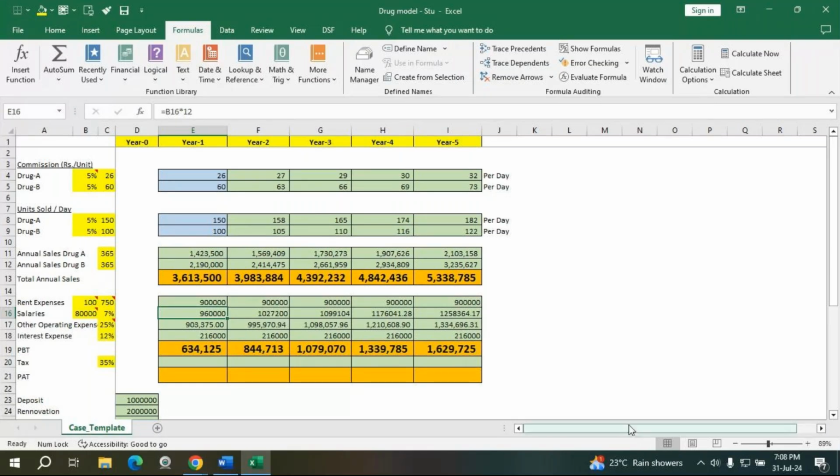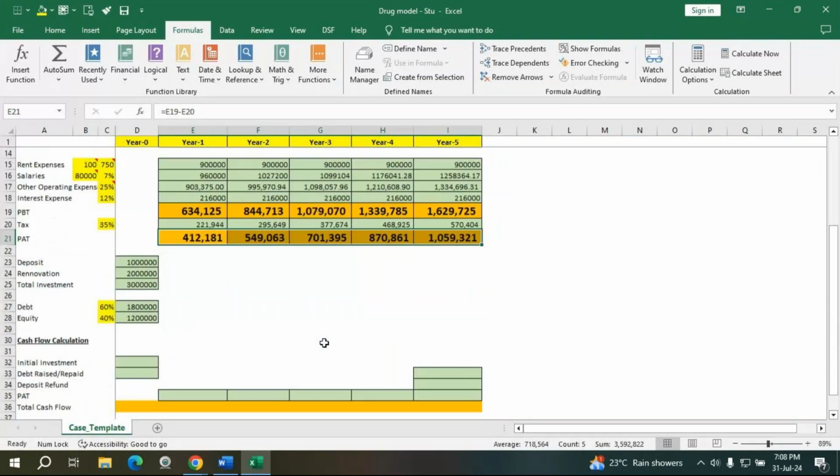So now let's calculate the tax, so PBT into 35% tax. I'll come here and drag, and PAT will be equals PBT minus tax. So this is done.